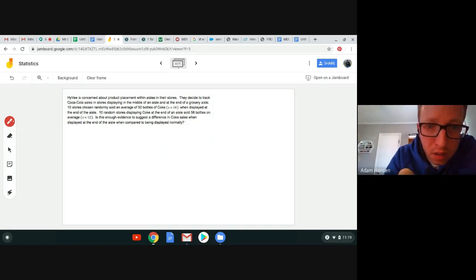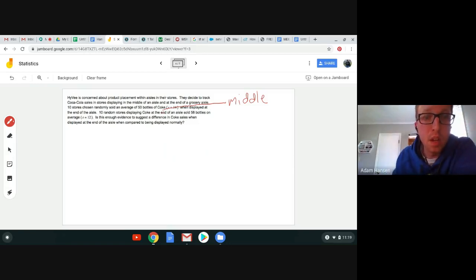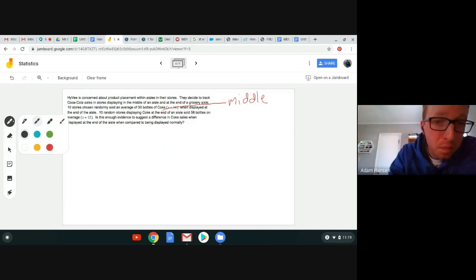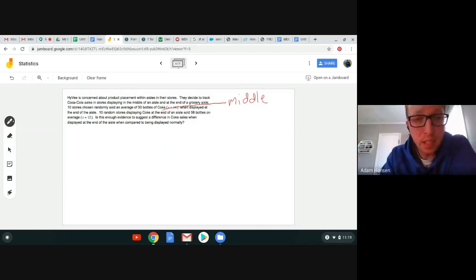Let's say that this is the middle of an aisle. Right there. 10 random stores displaying Coke in the middle of an aisle sold 58 bottles with a standard deviation of 12 bottles of Coke. Is this enough statistical evidence to suggest a difference in Coke sales when displayed at the end of the aisle compared to when being displayed normally? Normal meaning in the middle of the aisle.